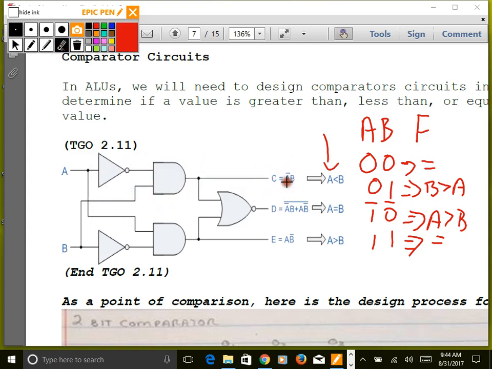In the case of A greater than B, I want the B inverted because you can see here B is 0 and A is 1. So B is inverted, the A value goes onto the input here, and the AND of that value tells me A not B, which means that A is greater than B in this case. Does that make sense so far?